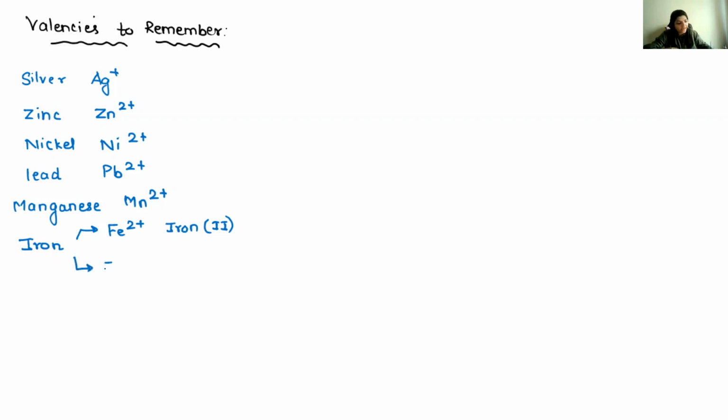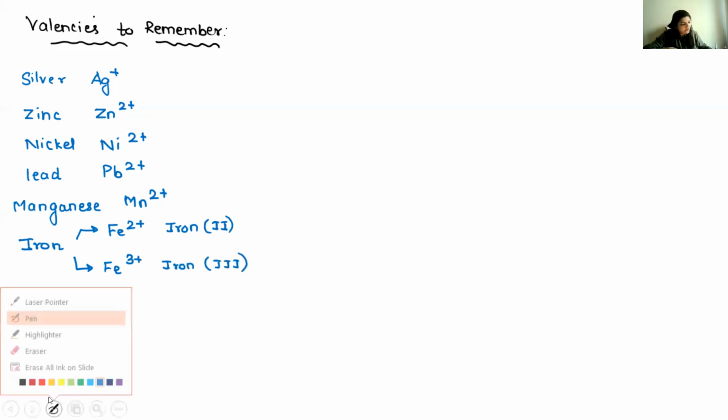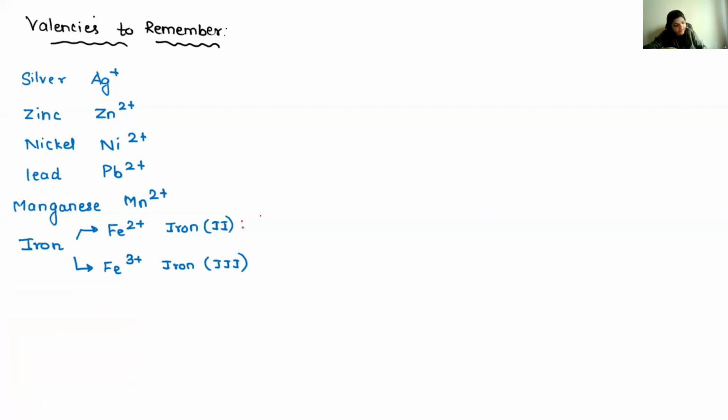Then we also have Fe3+, which is iron(III). Fe2+ is called ferrous, and Fe3+ is called ferric.